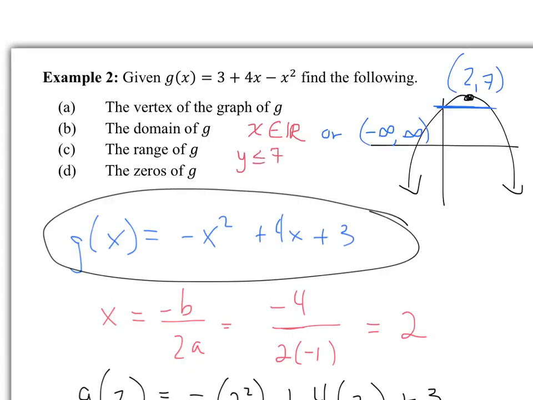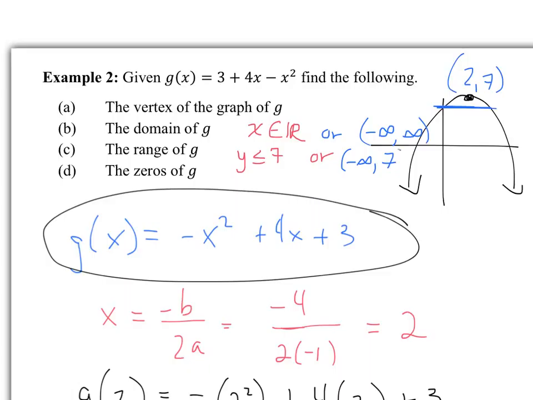Or in interval notation, all the way down to what? What's the lowest feasible or fathomable value? Negative infinity. So all the way down to negative infinity, up to where? All the way up to? And if I want to include 7, what should I do? Instead of a parentheses, what should I put to say that 7 is also included?